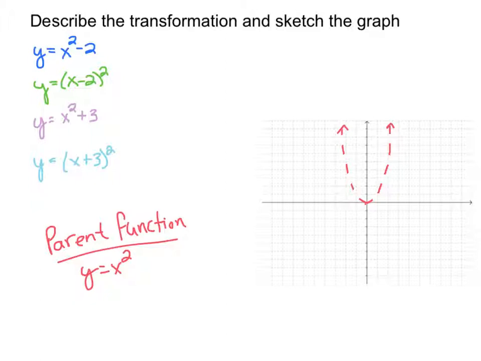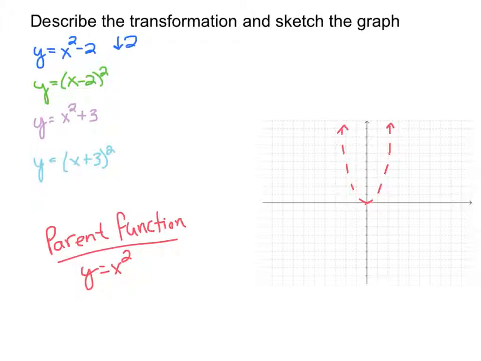Look at our blue equation, y equals x squared minus 2. If our parent function is x squared, and this minus 2 is happening outside of the squared, that means this is going to be a vertical shift. Looking back at the cheat sheet, subtraction on the outside means this is a vertical shift down 2.